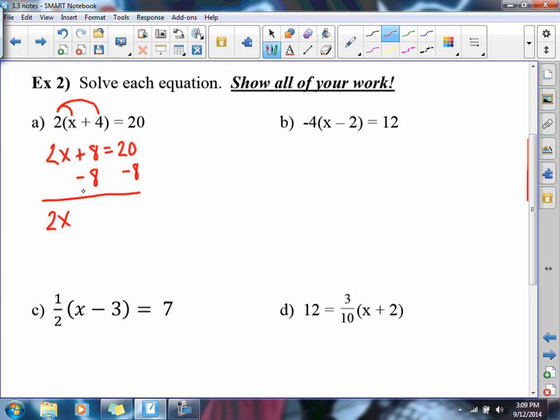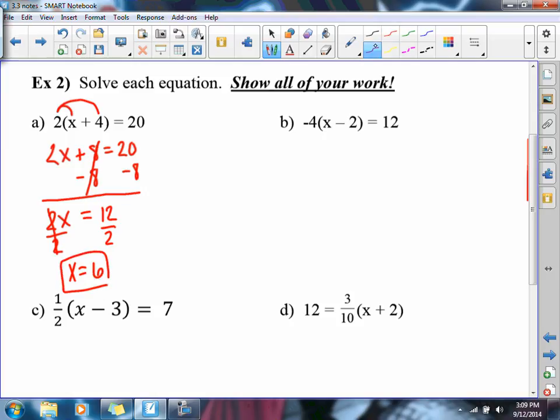Bring down my 2x. The 8 and the negative 8 cancel. And 20 minus 8 is 12. Then I have to undo this multiplying of 2, so I'm going to divide by 2. And those 2's cancel. Now I have the x isolated, and x is equal to 6.